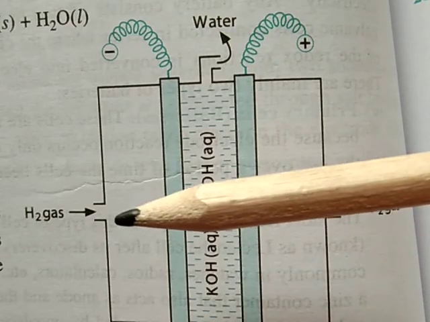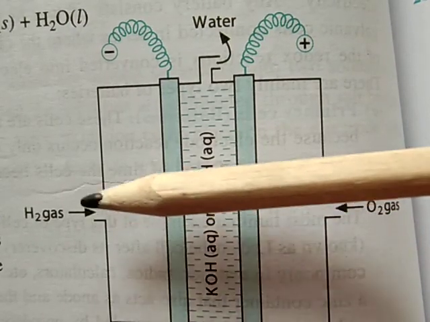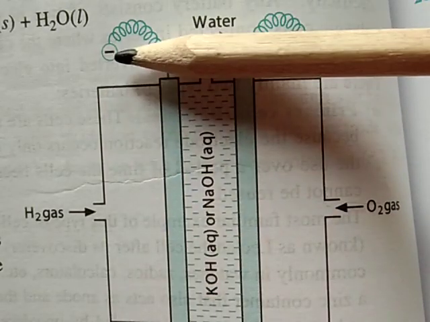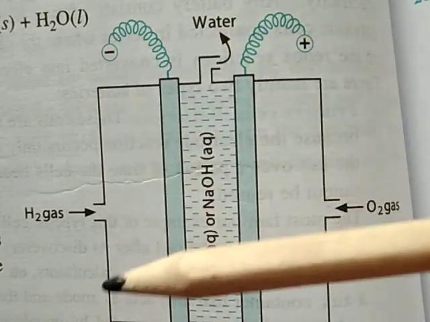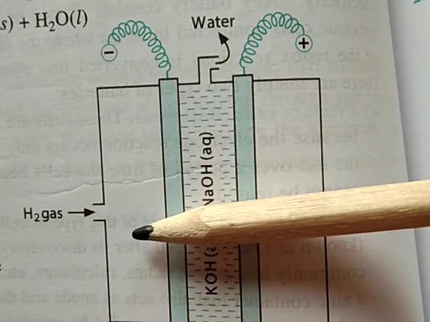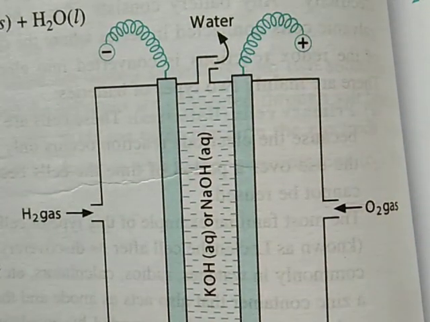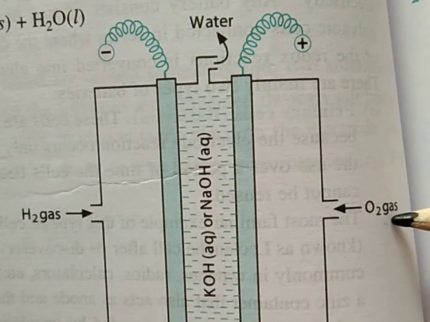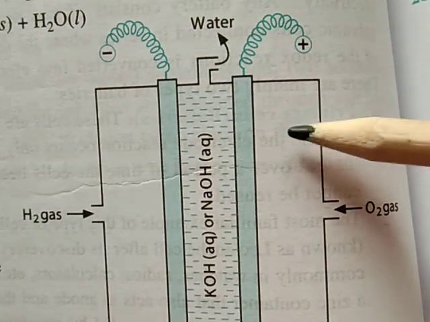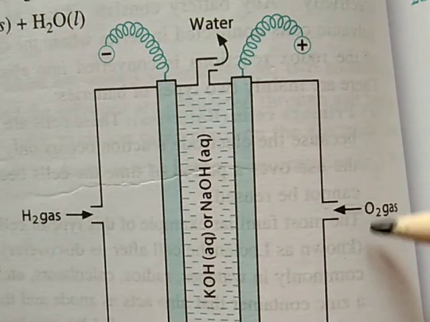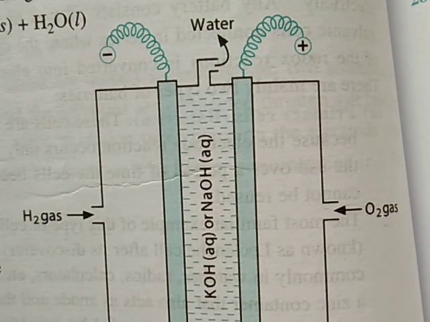Here the hydrogen is fed into the anode compartment, which has a negative sign, where it is oxidized, meaning at the anode oxidation takes place. Oxygen gas is fed into the cathodic compartment showing positive sign, where it is reduced.